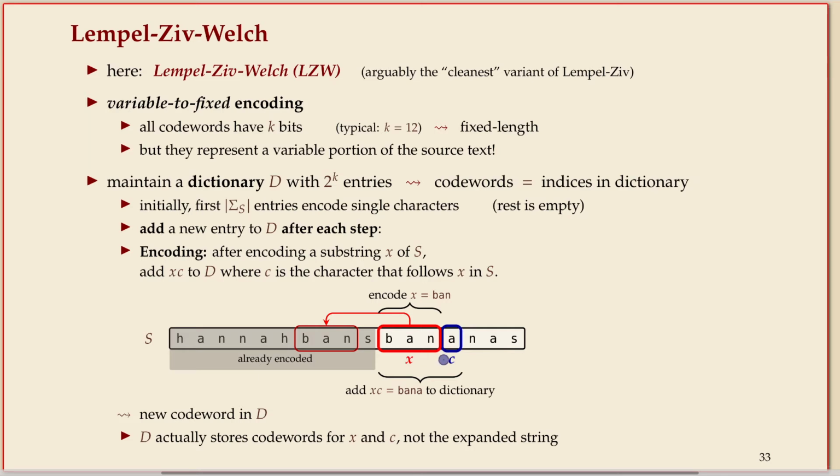In this case, ban is a string I found in my dictionary before, so I use that. And I add to my dictionary the new string where I take one more character. So whenever I use a phrase, I insert into my dictionary a new phrase that's one character longer. This is not clear here yet, but we'll make sure that whenever I take a phrase, it is also the longest phrase I could have taken.